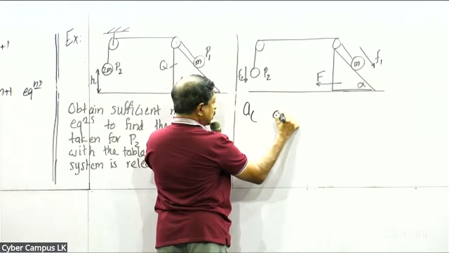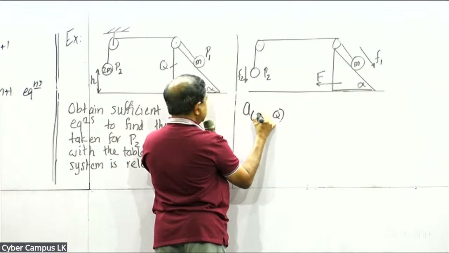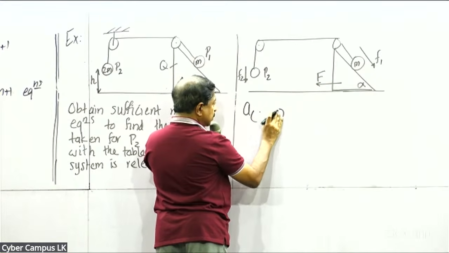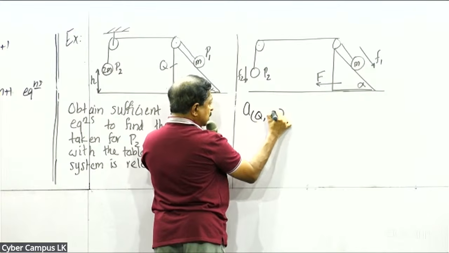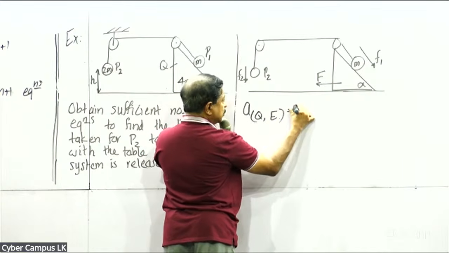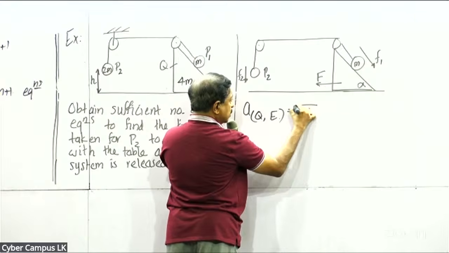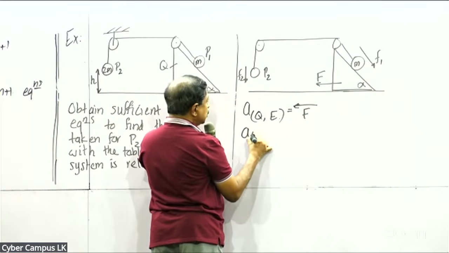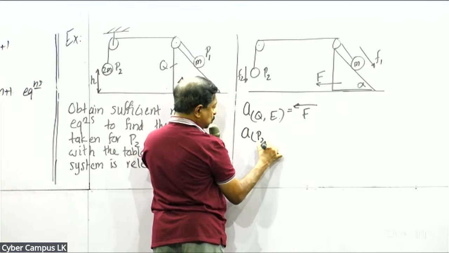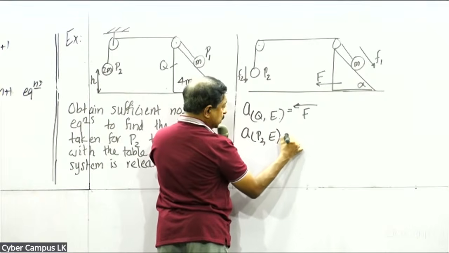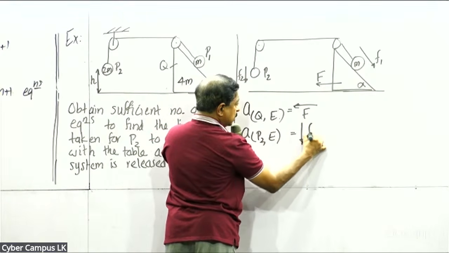So the acceleration of Q, or 4m, the wedge, related to the Earth is this. Then the acceleration of P2 related to the Earth, that is F2.